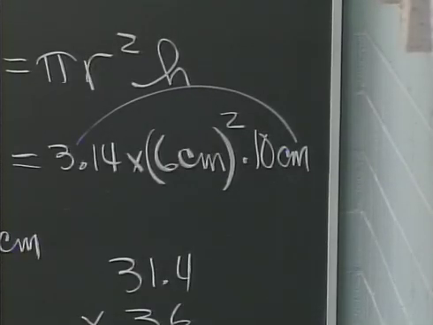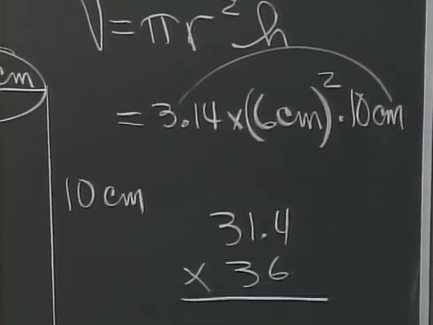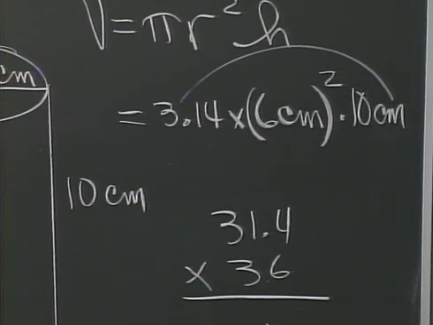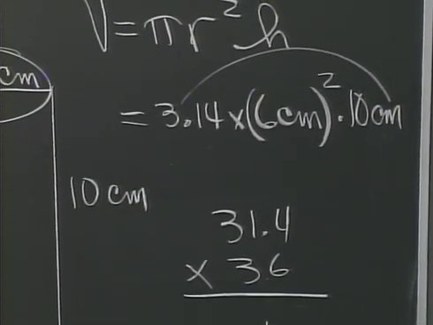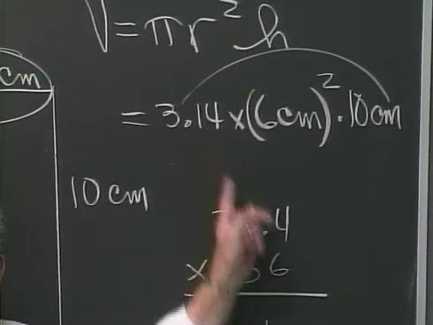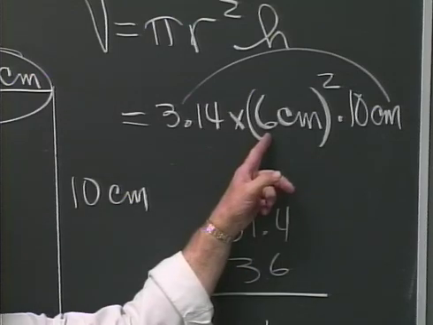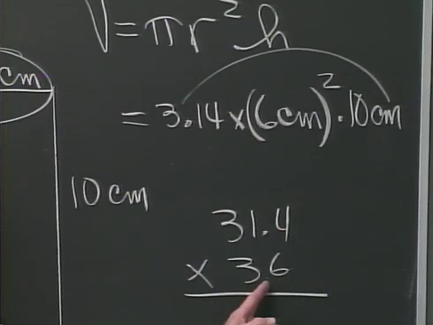So we have pi r squared h, and that's multiplied when you substitute. Now what I did here in the solution, you'll note I took 10 times the 3.14. That moves the decimal one place to the right, so you get 31.4. 6 squared is 36.